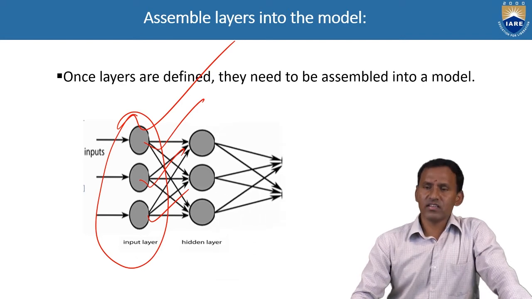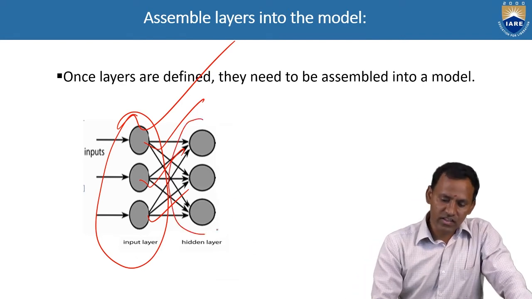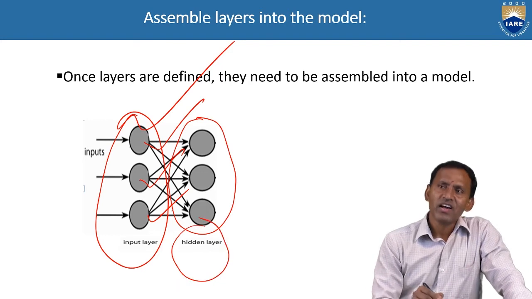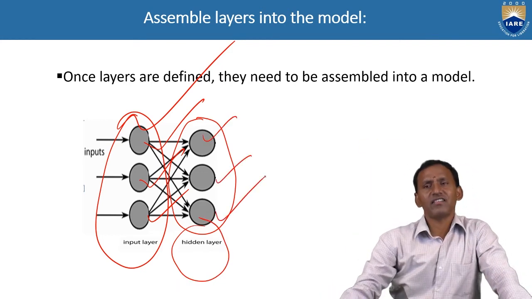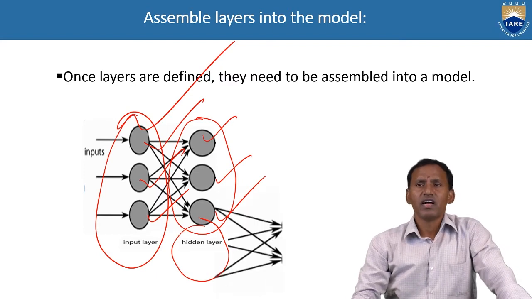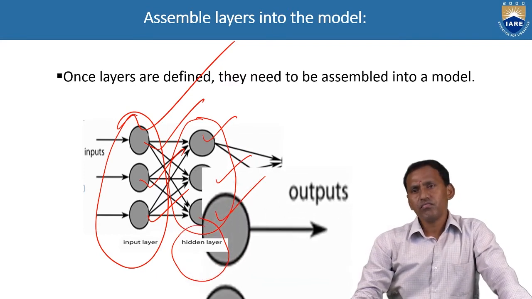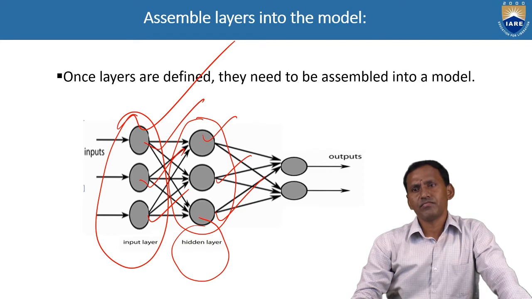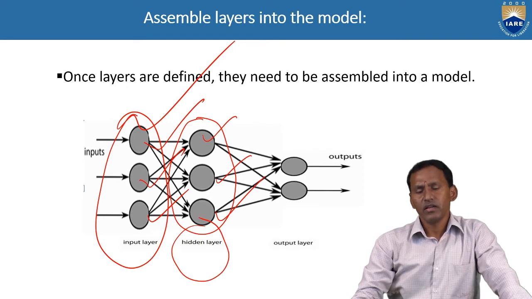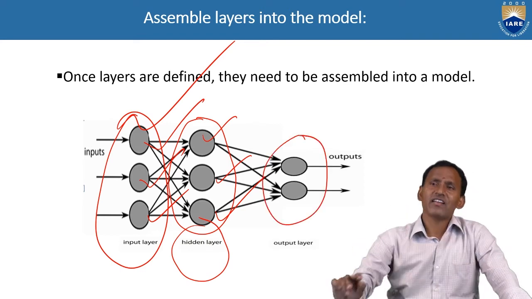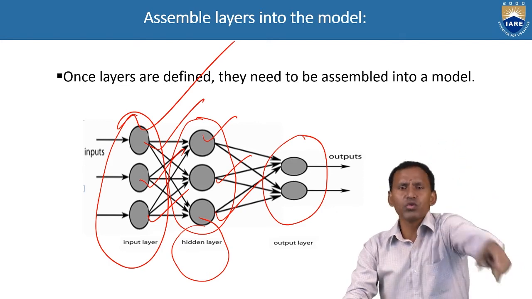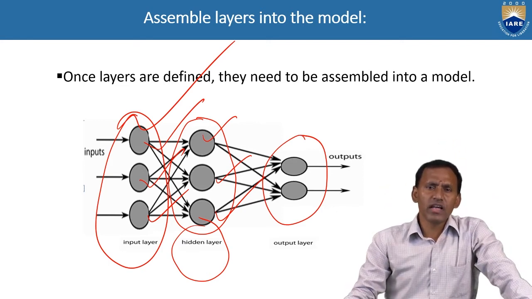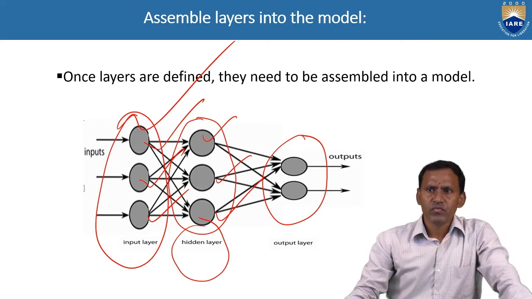The hidden layer contains how many neurons? 1, 2 and 3. Now go to the third layer, which is the output layer. This output layer contains only two neurons.